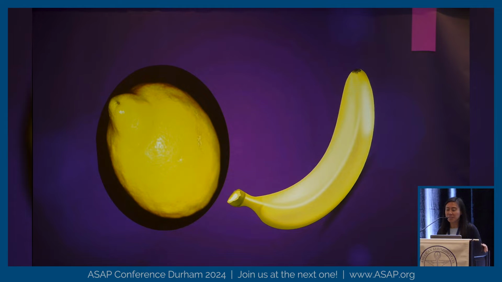Any guesses? They're both yellow. Very true. Both fruits. Brain and the spine symbolism. Oh, I like that one, actually. You're getting on the right track. So I'm going to unhide.